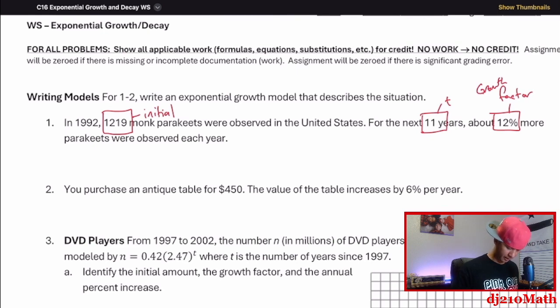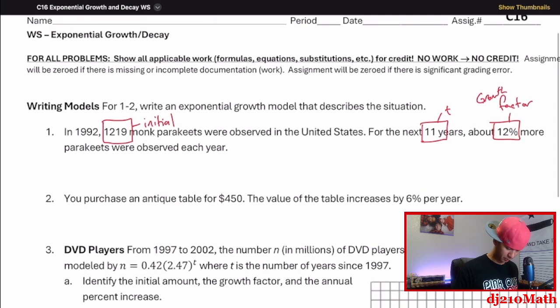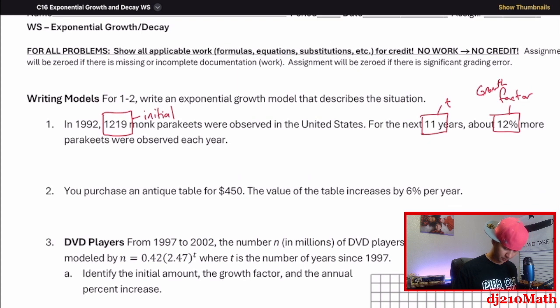Okay, so y will be the total, equal to the initial amount, 1219. The growth, since it's growing 12%, it's going to be 0.12. But because it's growing, it's going to be 1.12, right?